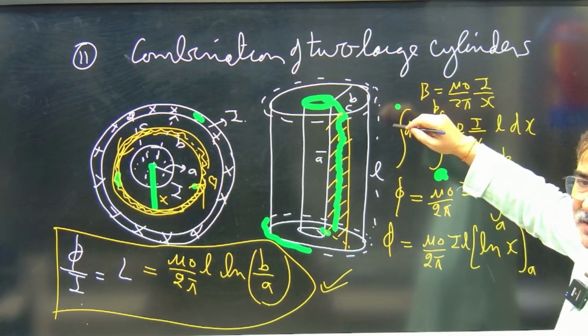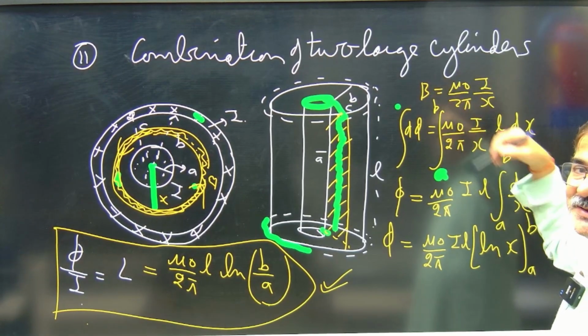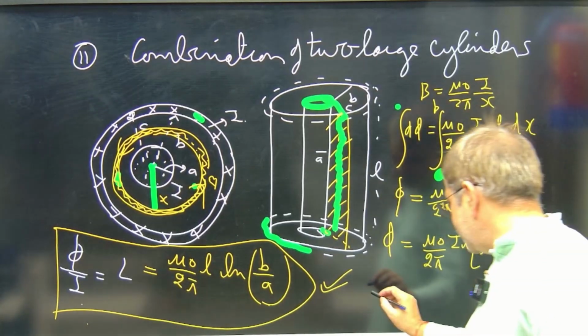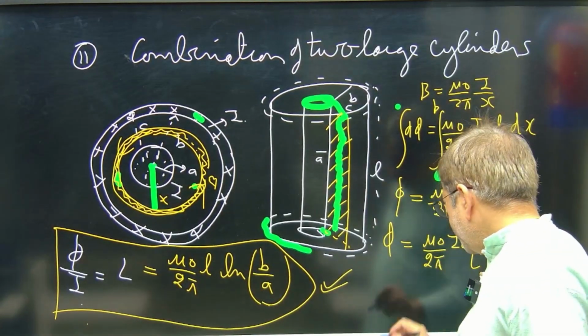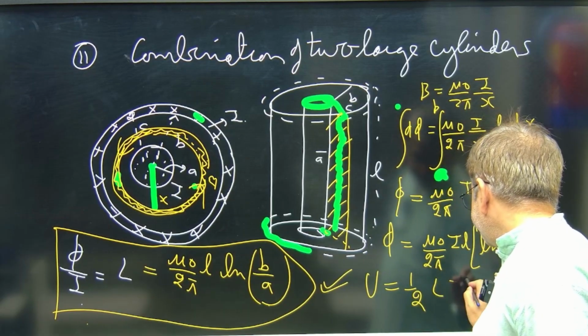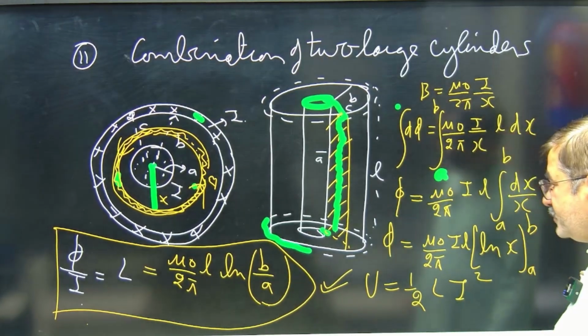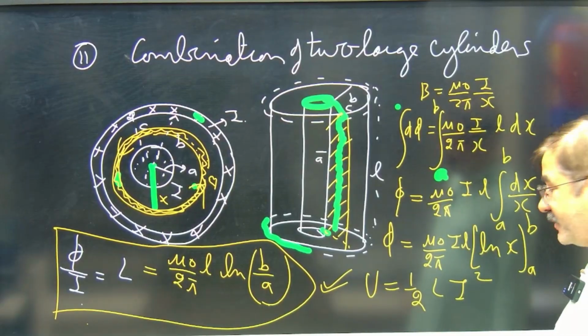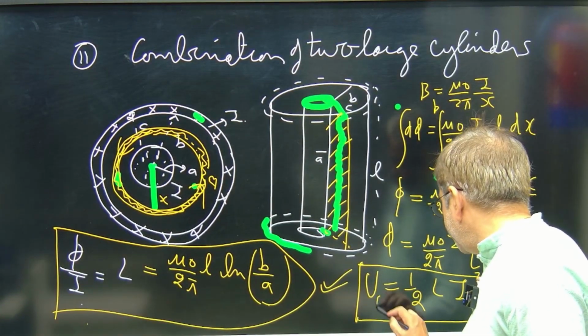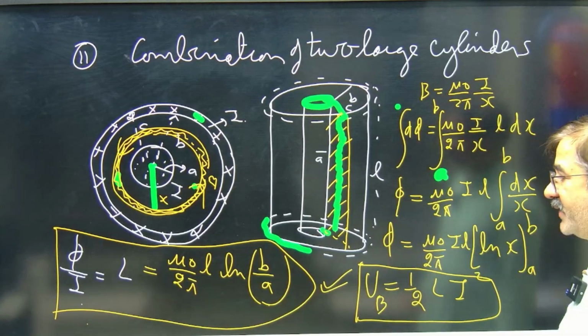But the same thing I can also derive by another method. The total energy of the system will be half L I square. If I know the inductance, I can say the total associated magnetic energy of the system will be half L I square.